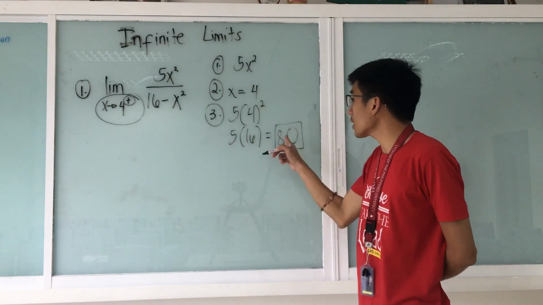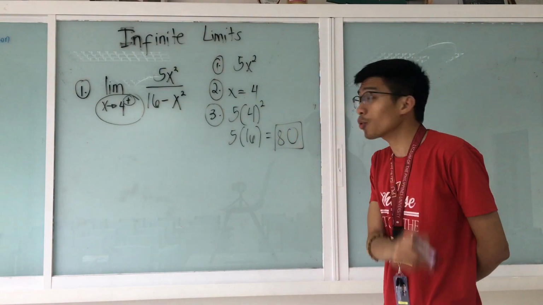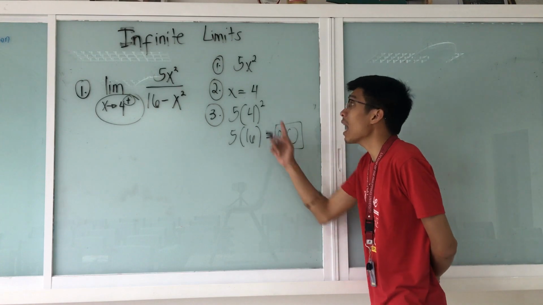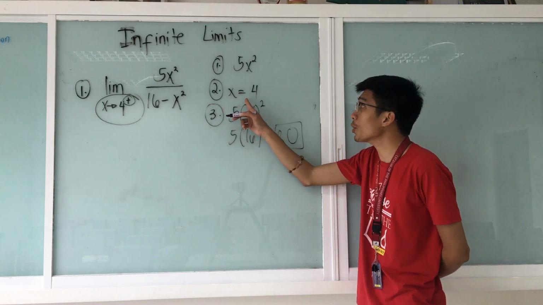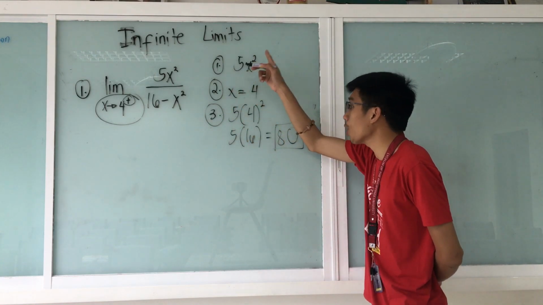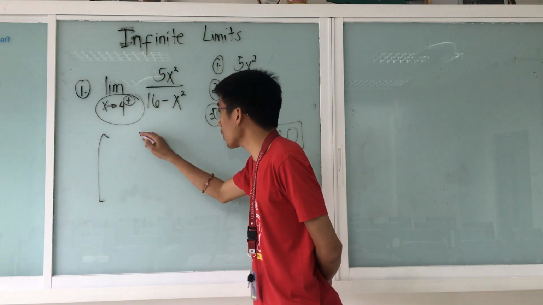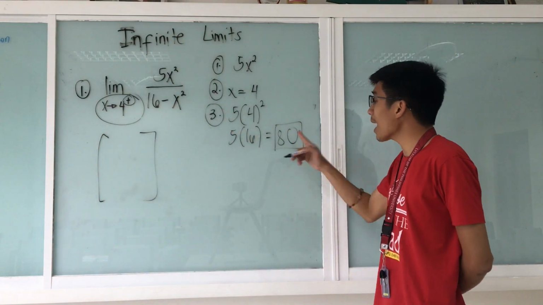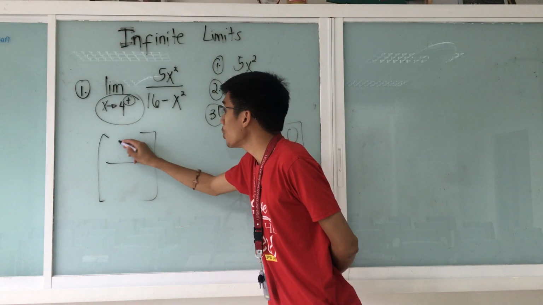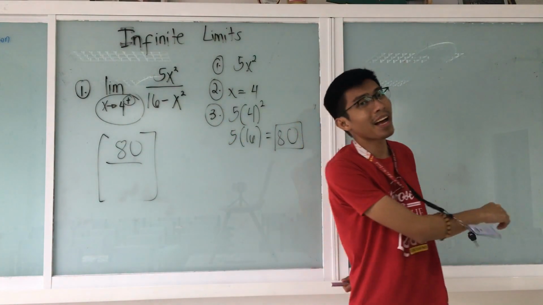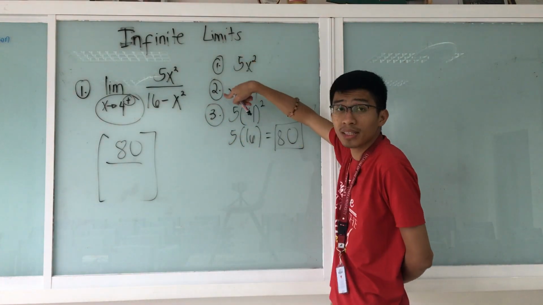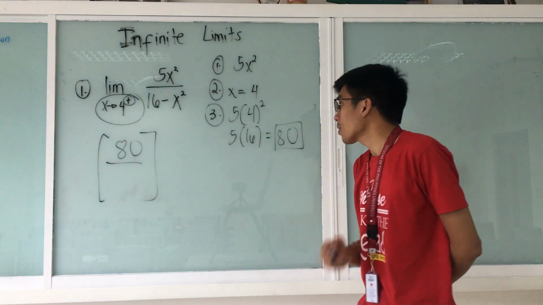How did I get 80? I substituted step number 2 into step number 1. So after your 3 simple steps, that 80 will become your numerator.